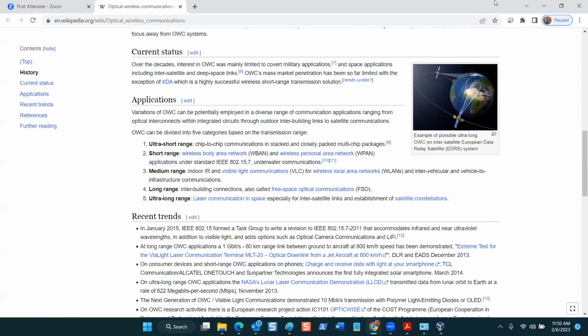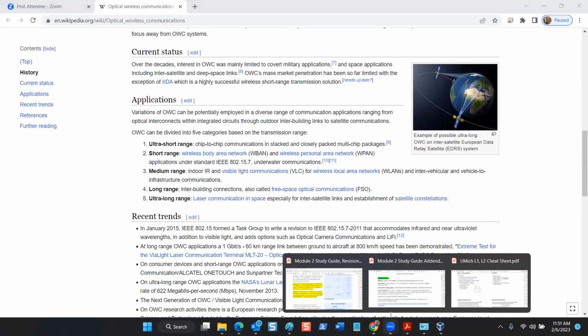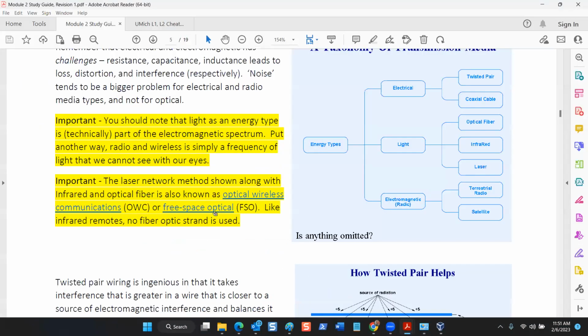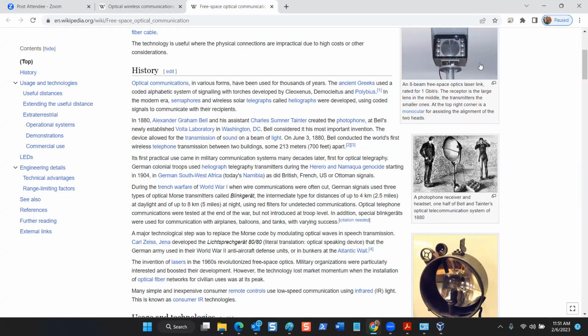And again, there's a different terminology for that technology, right? Free space optical. So here's how the transmitter works, right? You can get a gigabit of data, and you can span a distance of 4 miles or 2.5 miles.